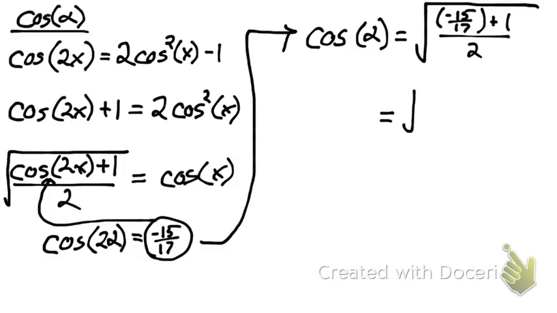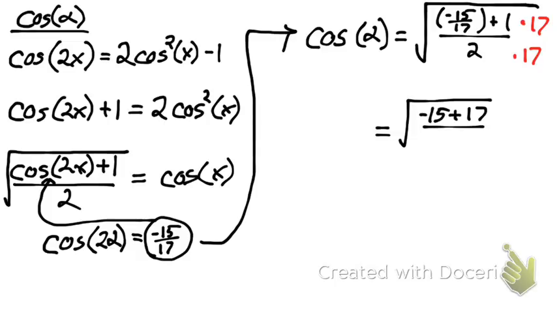So this is going to equal the square root of negative 15 over 17 plus 1. I'll do all the steps here. Negative 15 over 17 plus 17. Nope, let's not do that. That gets too complicated. I'm just going to multiply the top and bottom by 17. It'll make our life a lot easier. Multiply the top by 17, multiply the denominator by 17. So that's going to equal the square root of negative 15 plus 17 all over 34.